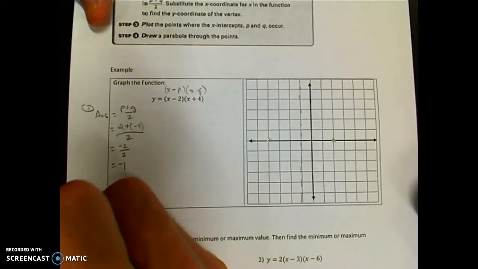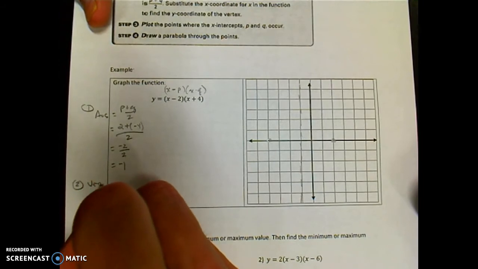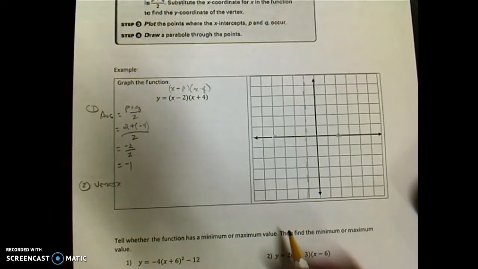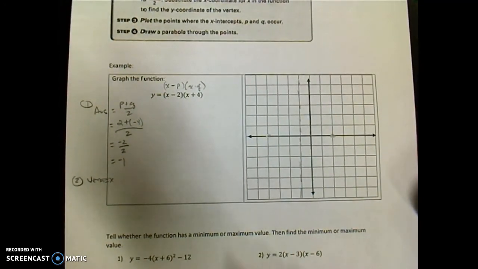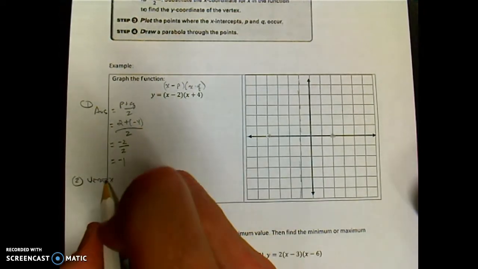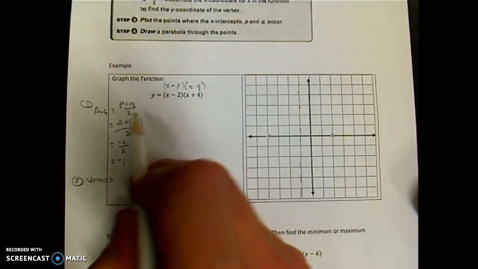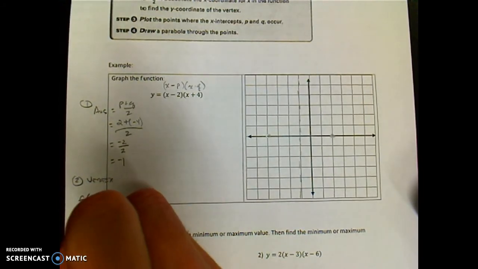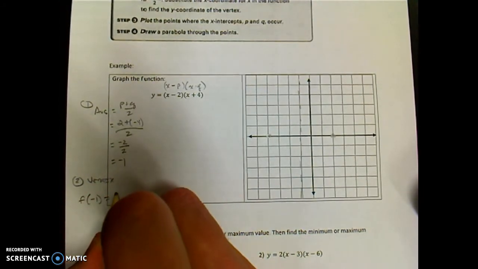What about our vertex? Well, unlike vertex form, and like standard form, we actually have to go in and substitute in our x value to locate the y coordinate of our vertex. So we know that our vertex happens at negative 1. So let's find f of negative 1.